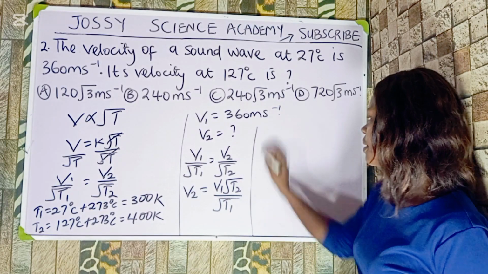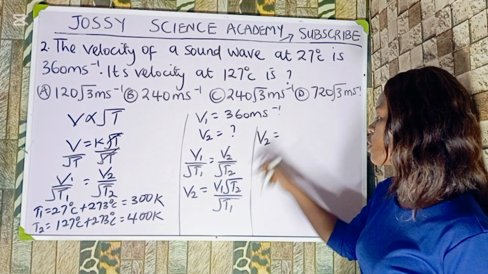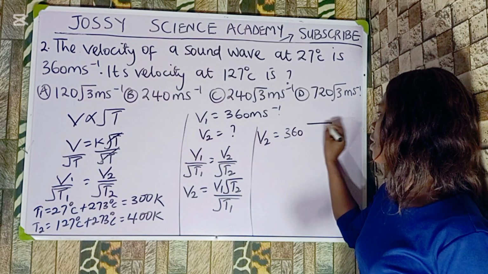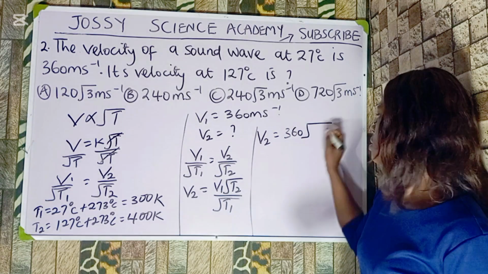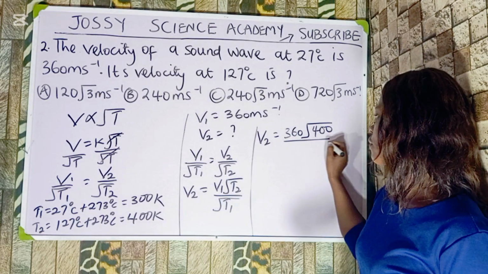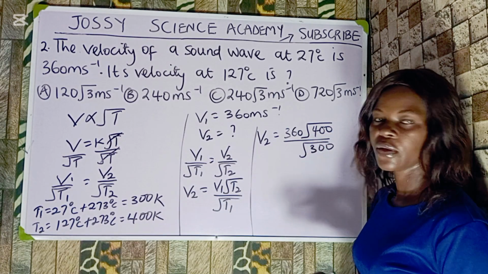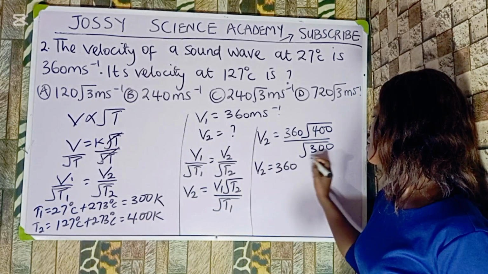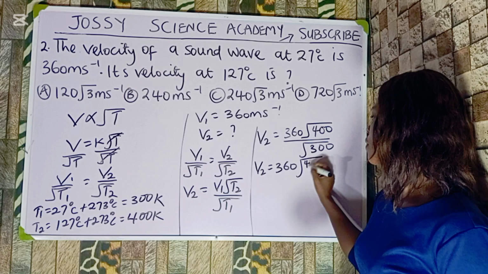My V2 is equal to, what's my V1? My V1 is 360. Root of T2 is 400, then we have root of 300.